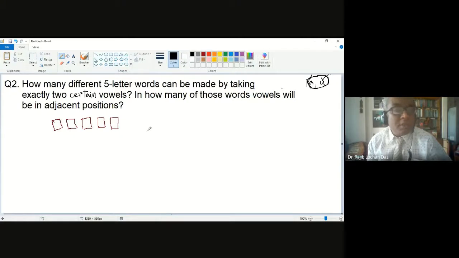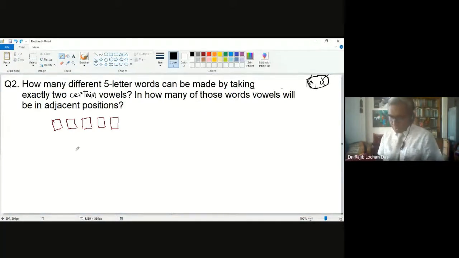But the point is, what is the position? Where do I put A and U? Is it like here or here, or is it different? Say U will be here, or A will be here, U will be here. So what will be the position actually? That is not fixed. That is not known.